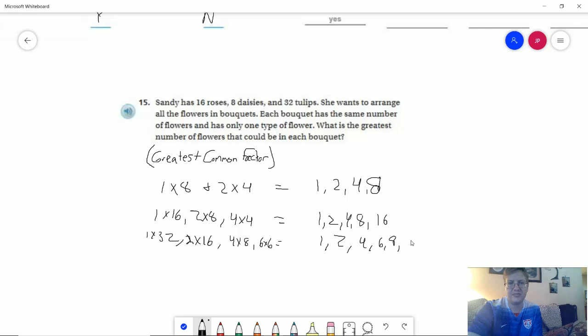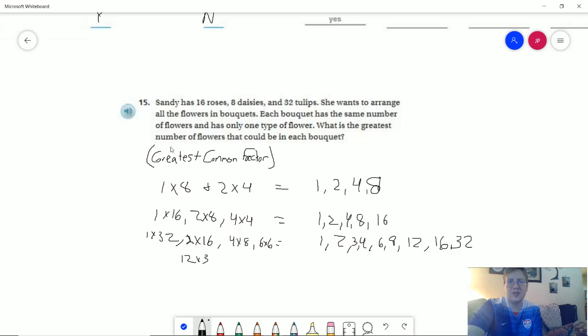Oh, there should be a 12 times 3 in there too. 12, 16, 32. All right. So 1, 2, 3, 4, 6, 8, 12, 16, 22.